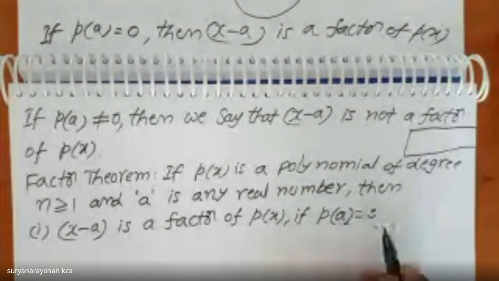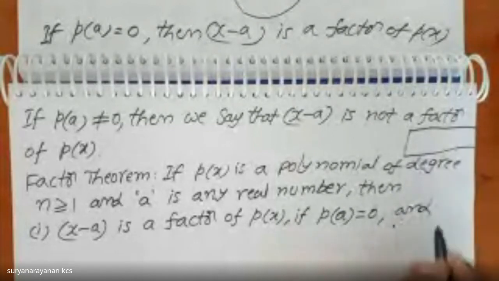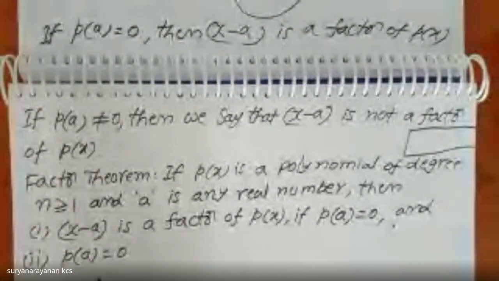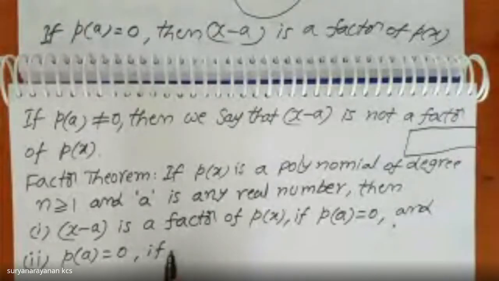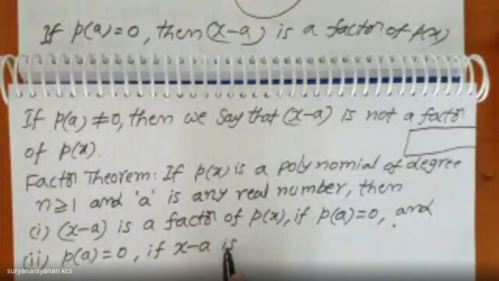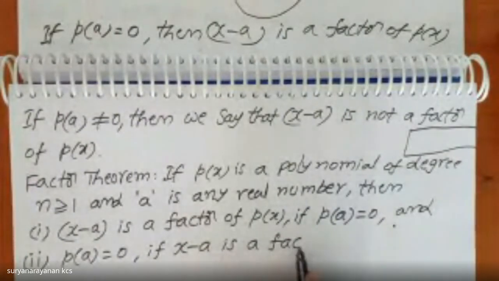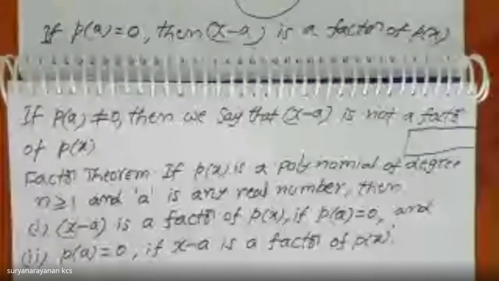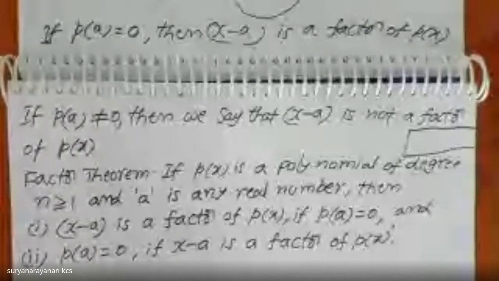And second point, P of a is equal to 0 if x minus a is a factor of P of x. It's about the factor theorem.